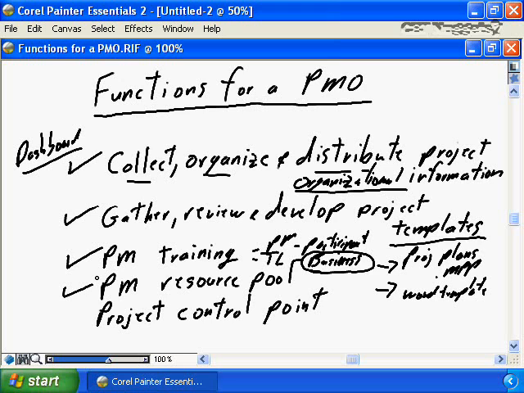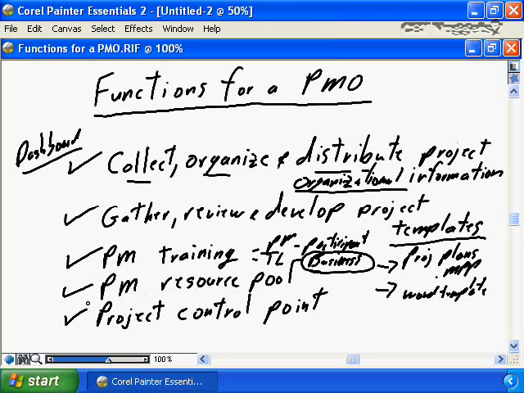And then when a business unit wants to sponsor a project, they would come to the PMO and say, I need a project manager, I need a team leader, and the PMO would staff out, assigning the project manager to the business unit from this qualified, trained resource pool.